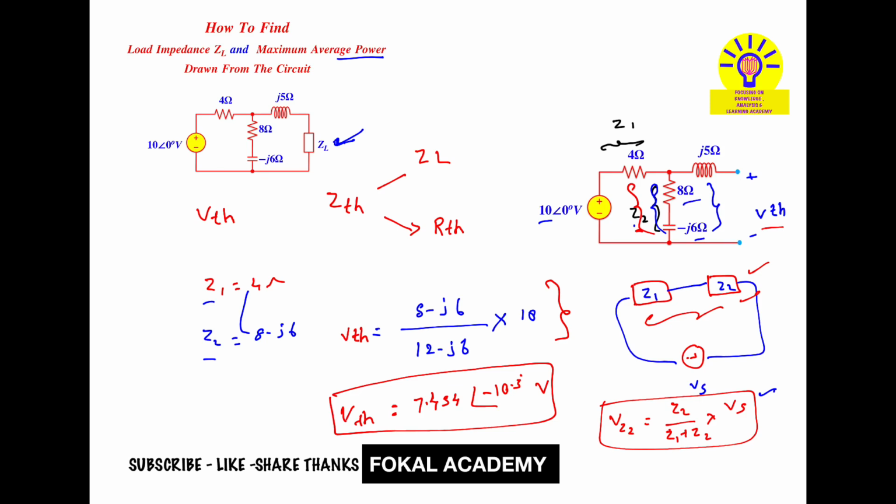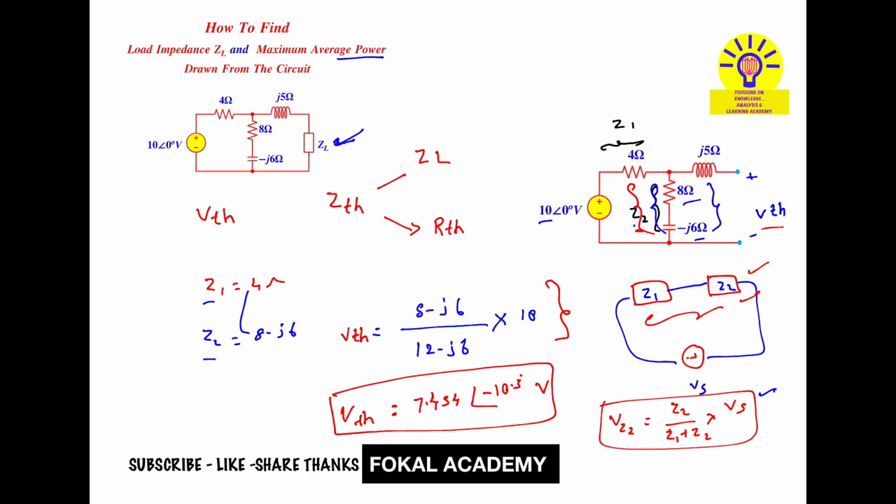In the next step, we need to find RTH, but we can't find RTH directly. Why? Because the circuit contains reactive components, the capacitor and inductor. So we will get a complex value for the overall impedance, and from that we will get the load impedance and RTH. Let's see how to find it. First of all we find ZTH. For that, short circuit the source voltages.